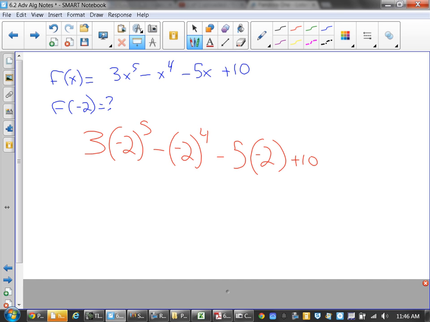Nowadays, you guys have these nice fancy calculators that have parentheses, so you can group stuff around to figure out what f of negative 2 is going to be. What will be your solution here? What is the ordered pair at negative 2 comma something? What do you get when you substitute in?